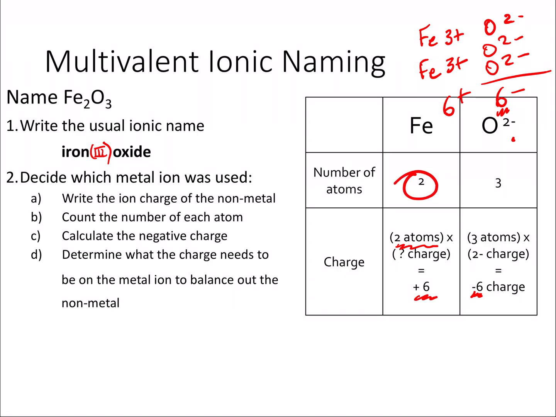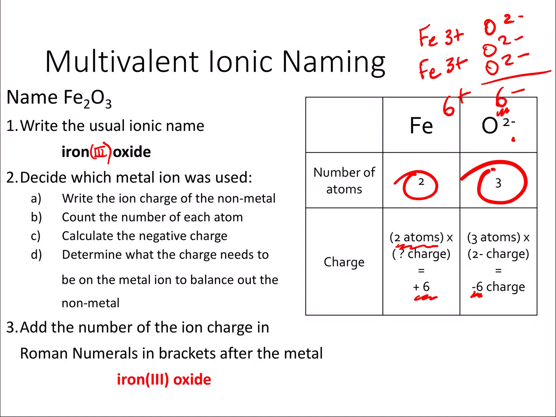We need 2 irons, and we have 3 oxygens. +6, -6, this puppy's balanced. It's a good thing. Iron(III) oxide. Now, you notice I'm a little older, so I did my 3 like this. That's okay. You don't have to.